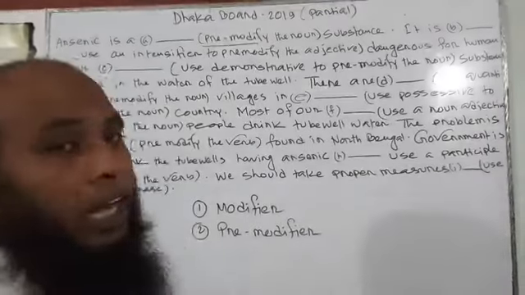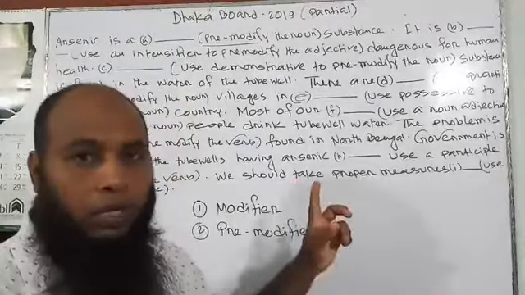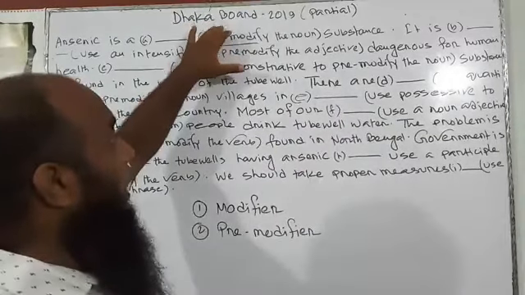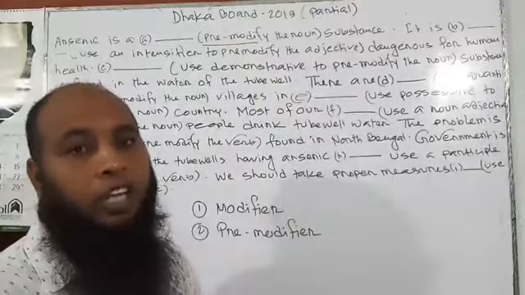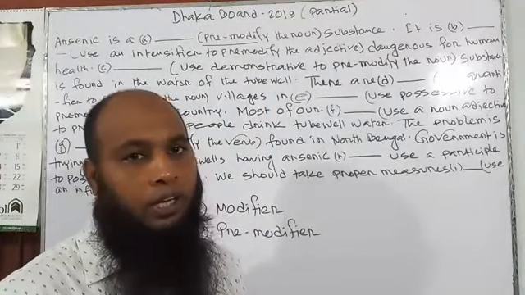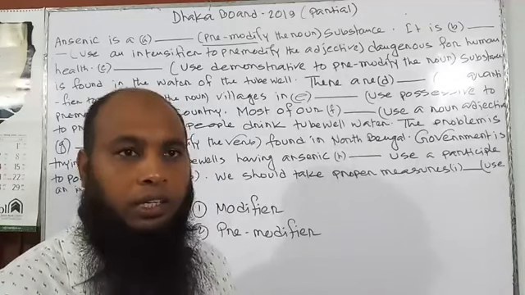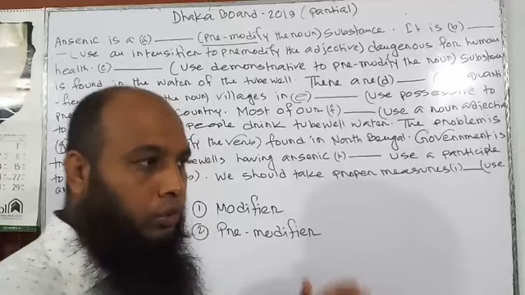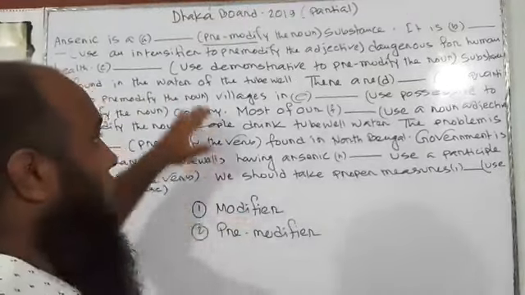My dear, I have the basics to be discussed here. Look at the board. I have taken the question of Dhaka board 2019. It's a very important question for the examination. You know that board questions are always very important, because it is thought as the symbolic thing that you should know. The total grammar, you know a lot of things, but these are the very important ones.